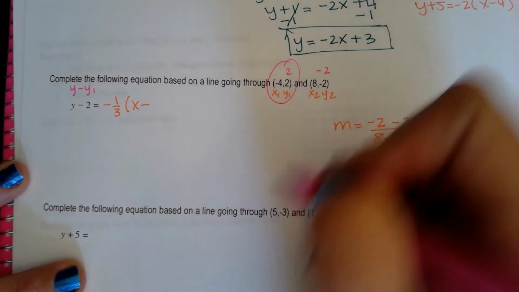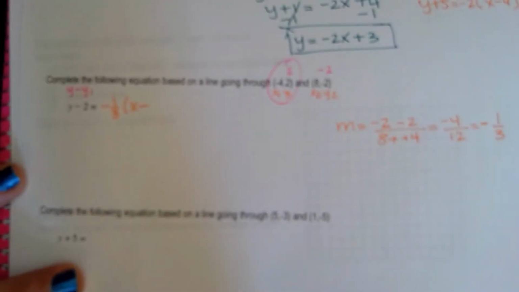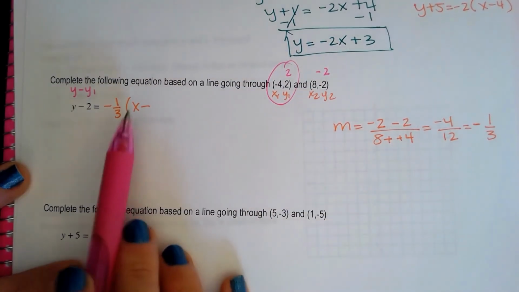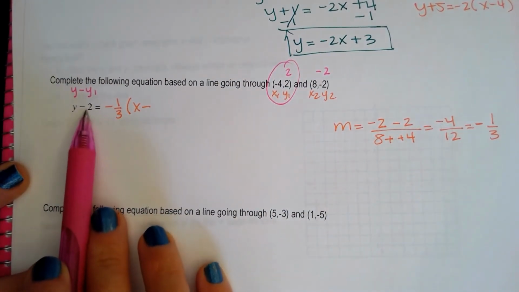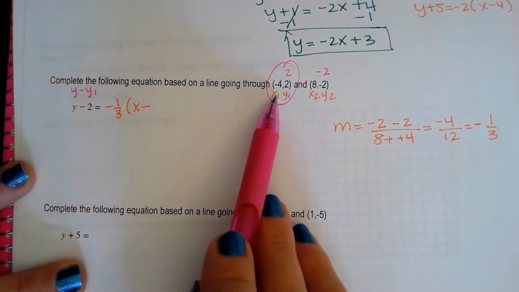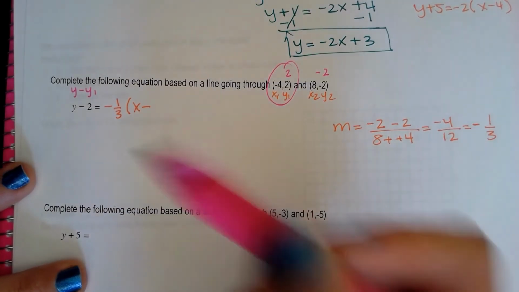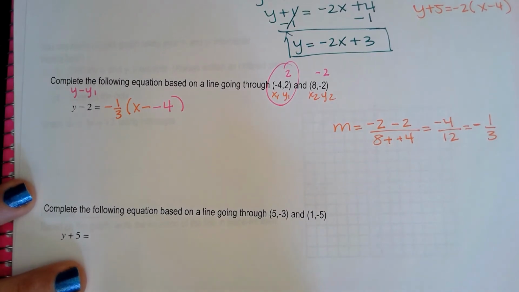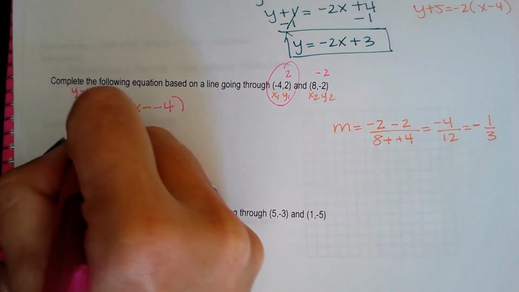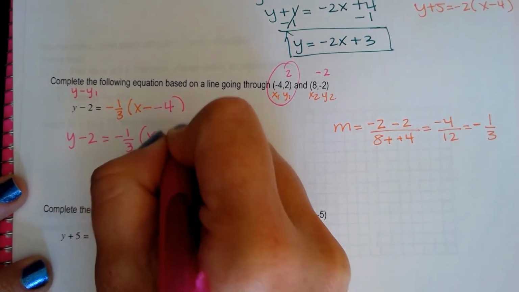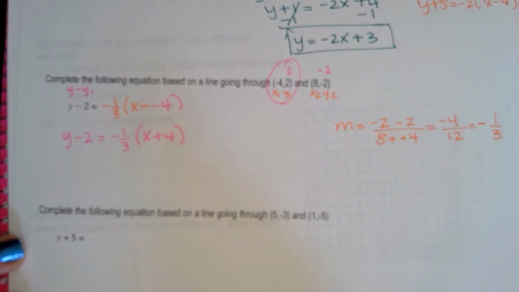And hopefully you said it would have to be the first one, because that is just a regular 2. Because if it had been a -2, this would have been a double negative, and this would have become a +2, right? So now we know that the x is negative 4. And so our equation is y minus 2 equals negative 1/3 times x plus 4.